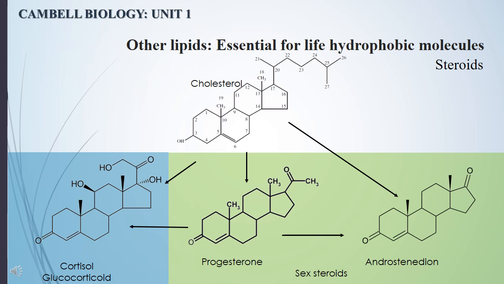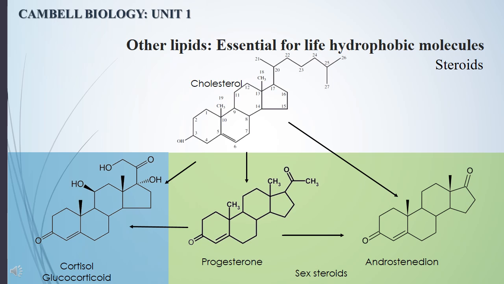Now, the other form of lipids are steroids. And one prime example of steroids is cholesterol. Now, cholesterol is important, it's essential. It acts as basis for many different hormones, and it's an integral part of the cell membrane.